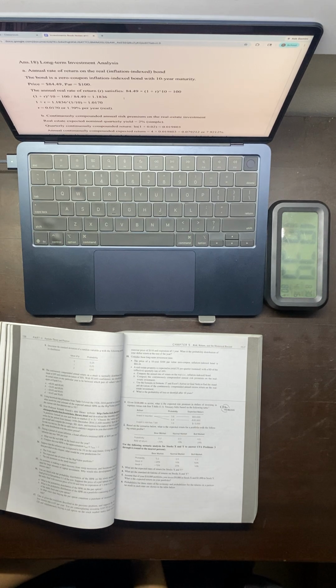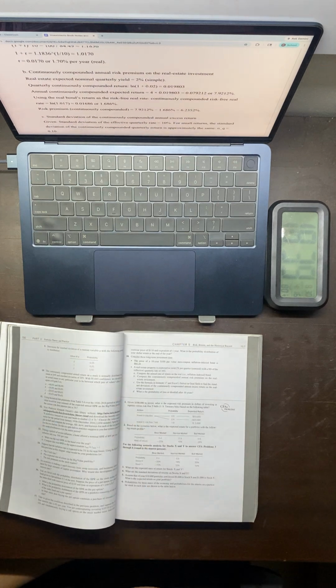The annual rate of return R satisfies 84.49 times (1 plus R) to the power 10 equals 100. (1 plus R) to the power 10 equals 100 by 84.49, which is approximately 1.1836. 1 plus R equals 1.1836 to the power 1 by 10, which is approximately 1.0170. So R is approximately 1.70% per year real.